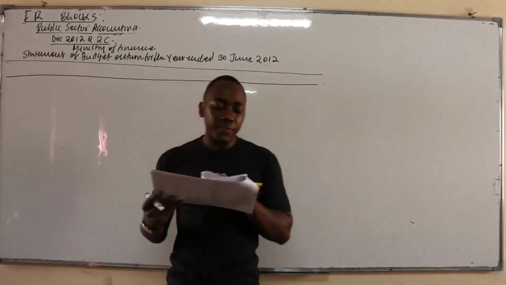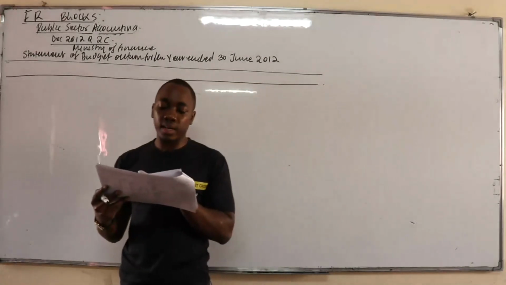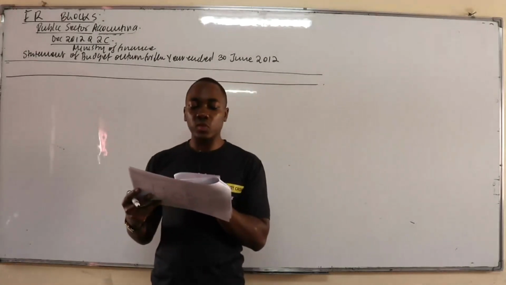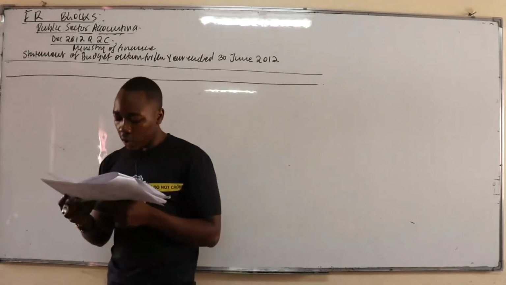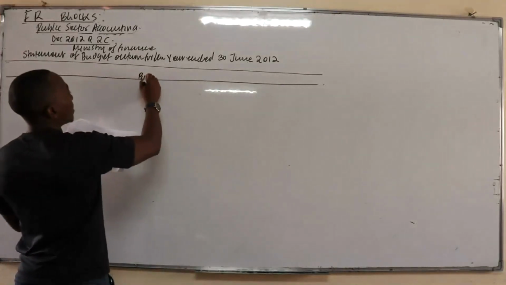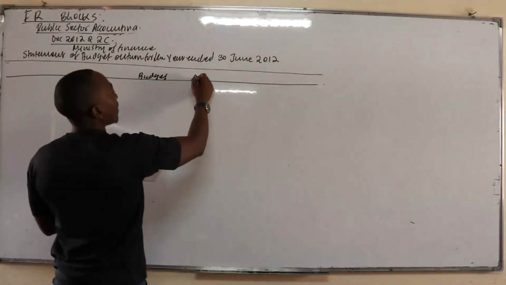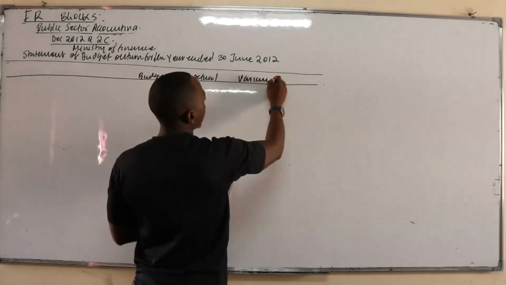Budget outturn for the Ministry of Finance in accordance with International Public Sector Accounting Standard, that IPSAS 24. So we prepare the statement of budget outturn. Now for the outturn, you need to compare the budget against the actual. So we have the budget and the actuals, and the difference between the two will give rise to the variance.